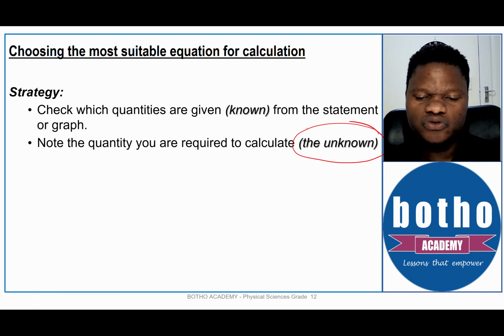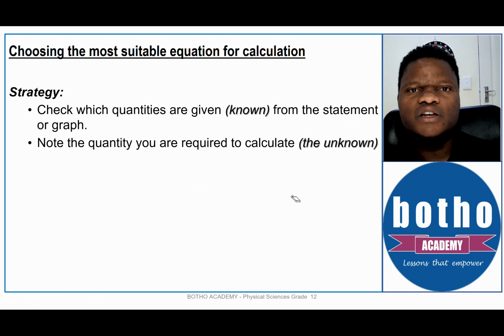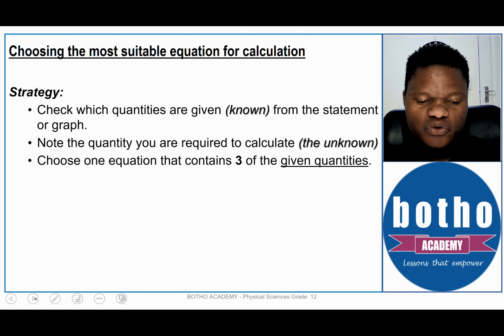I'm going to refer to this as the unknown. If the question says calculate the time taken, you know that you're calculating delta t. But you must also check what the examiner has given you in that problem. Thirdly, you need to choose one equation that has 3 of the given quantities.